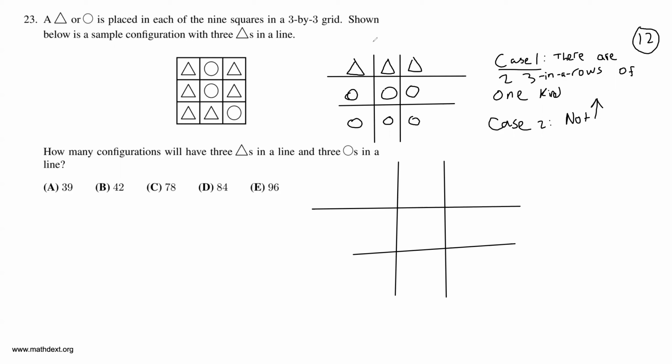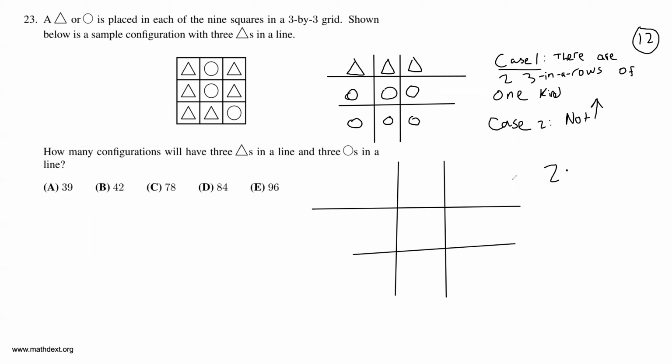So both the triangles and the circles that are 3-in-a-rows must either be both horizontal or both vertical. And the cases are once again symmetric, because if you turn your head 90 degrees, everything that's vertical becomes horizontal and vice versa. So you can just multiply that by 2 as well. And without loss of generality, we'll assume that both 3-in-a-rows are horizontal, left to right.